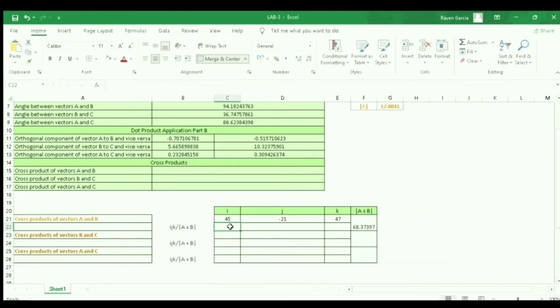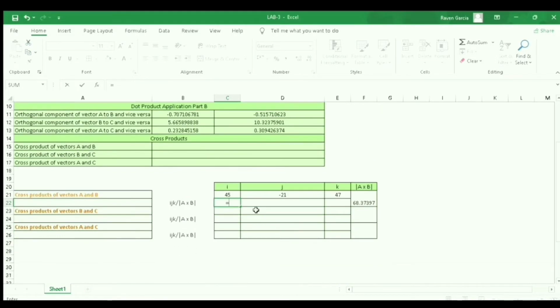Now, we get the answer of 68.37. Now, to get the unit vector at row 22, column C, input the formula equals C21 divided by F21. The answer is 0.65. In the same row, at column D, input the formula equals D21 divided by F21, and the answer is negative 0.31.